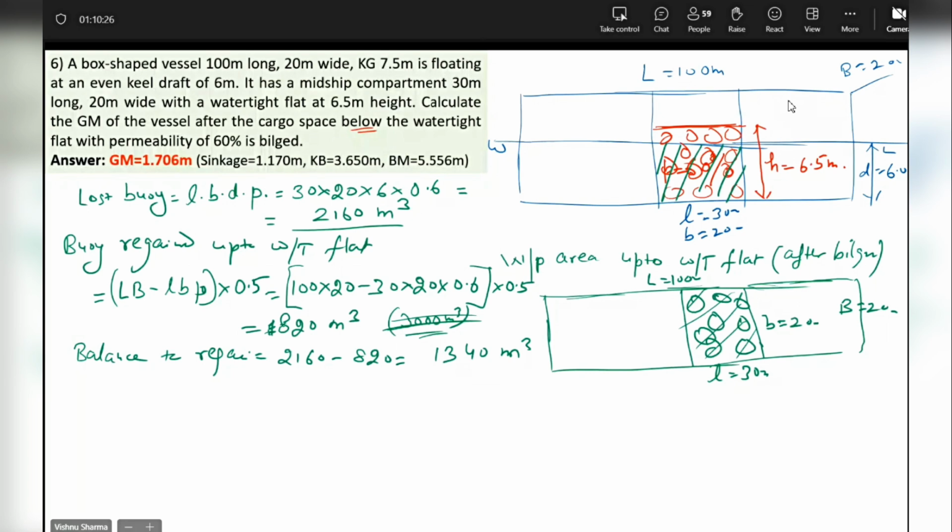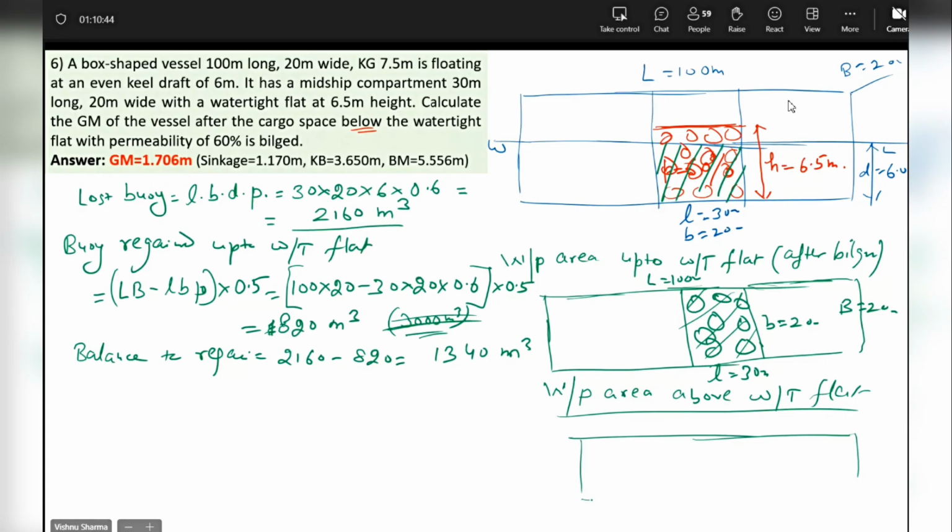Sir, rectangle. It'll be a rectangle, but it will be fully intact, right? Above the watertight flat, whatever sinkage takes place, for that sinkage the water plane area will be fully intact. Correct, beta? You'll see the bulkheads, but you'll not see any water.